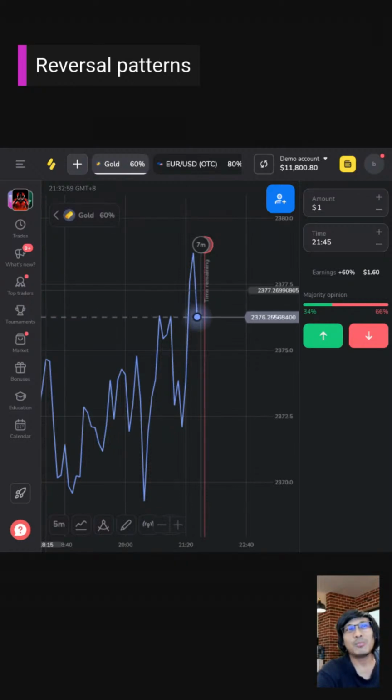They will move from a weak area to a stronger area, and from a strong area to a weak area. The other way of describing these areas is support and resistance.